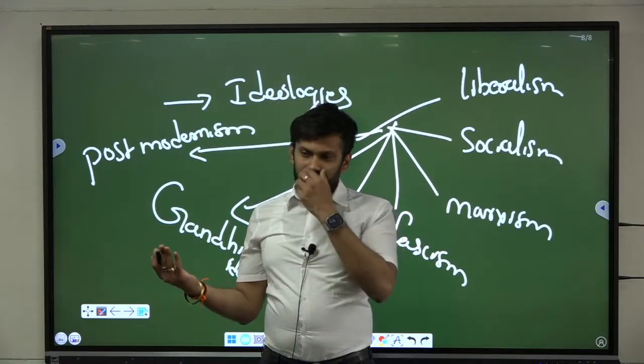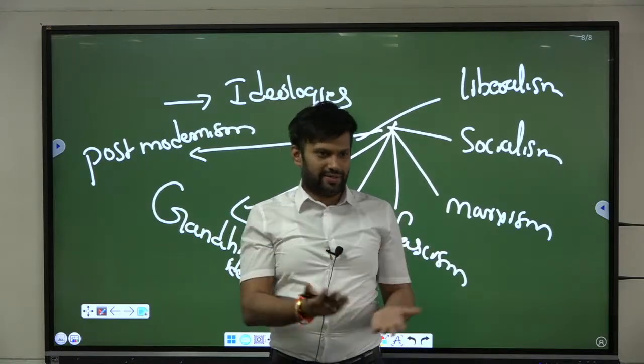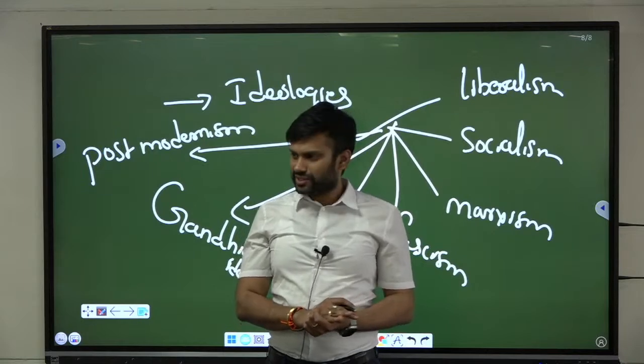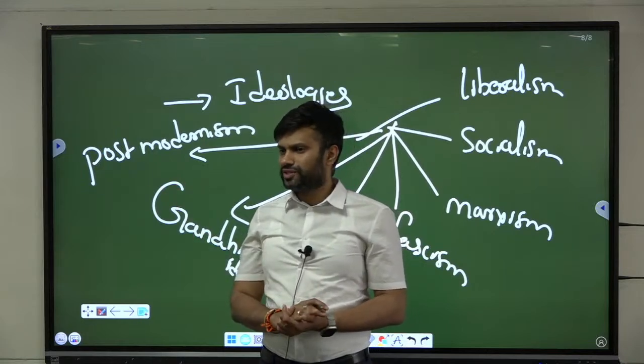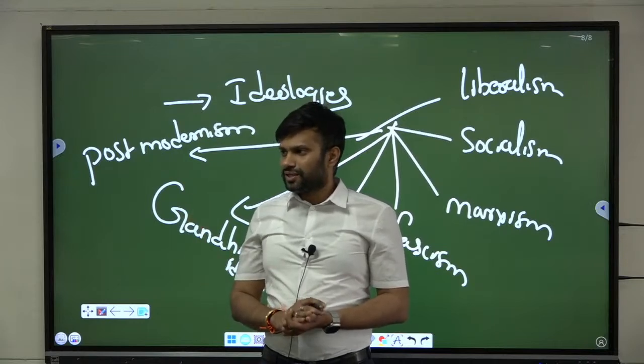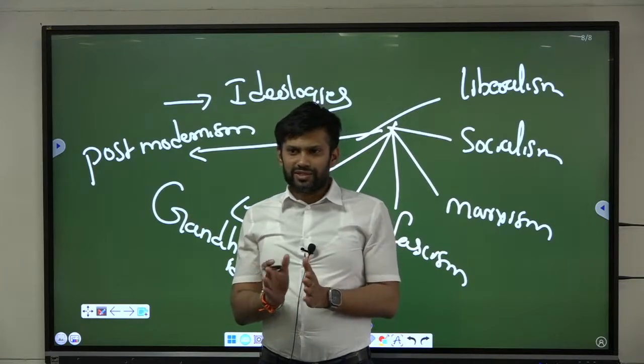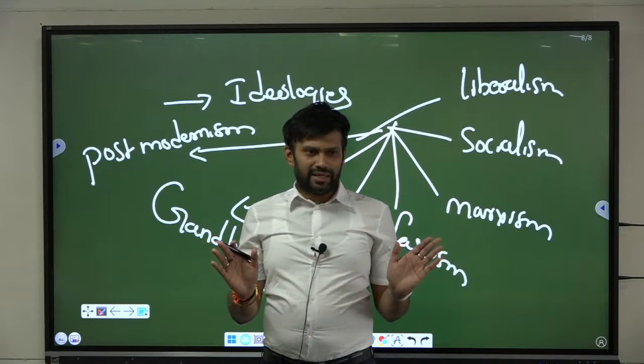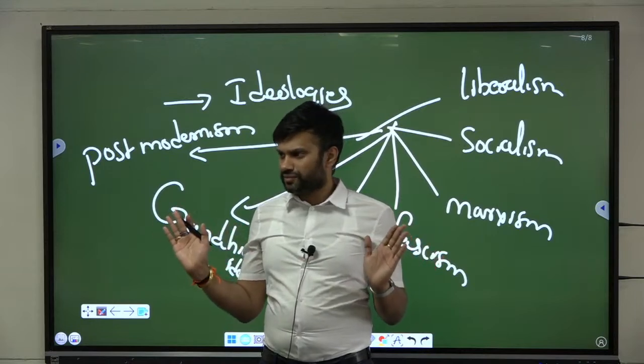In some countries, the states offer health and education facilities, mainly in socialist states. But in more capitalist states, the role of the state is very minimal. It does not go into providing education and health; it mainly performs policing functions.